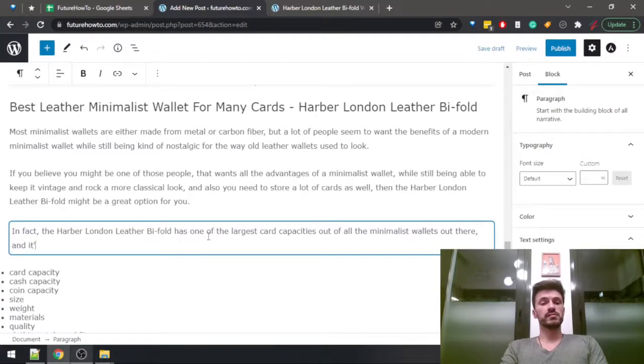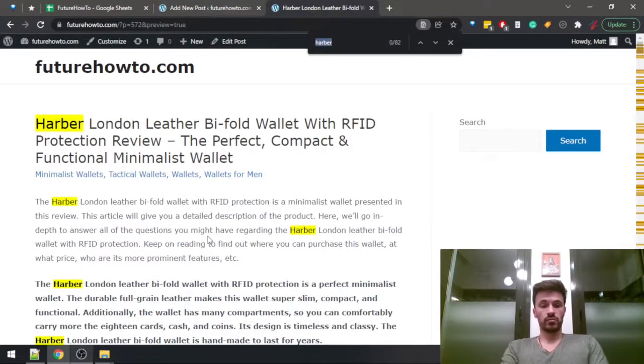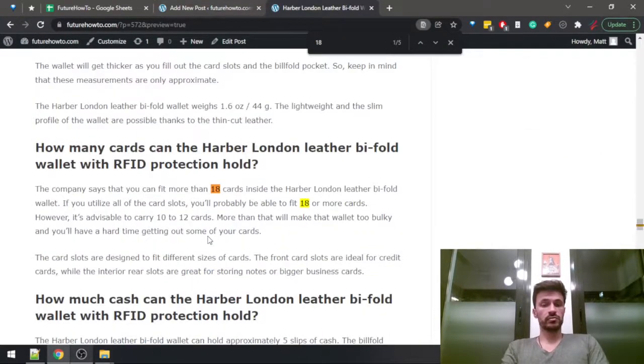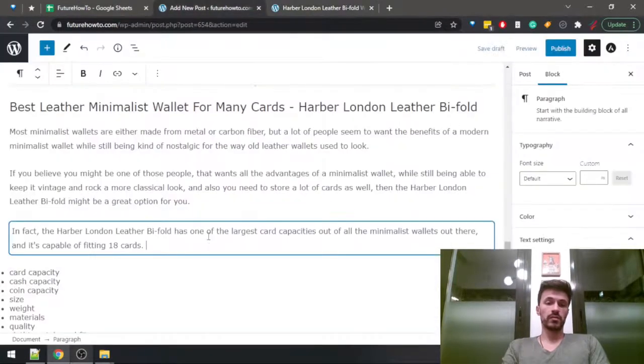I'm not sure if it's the largest out of all of them because I haven't covered all of the minimalist wallets. It's capable of fitting 18 cards, even though it's recommended to carry around 10 to 12 cards for the best user experience.